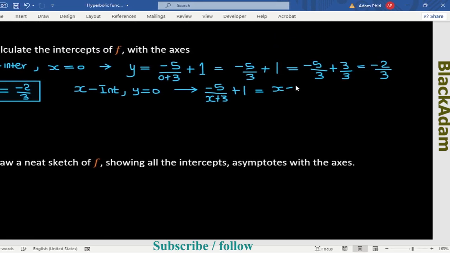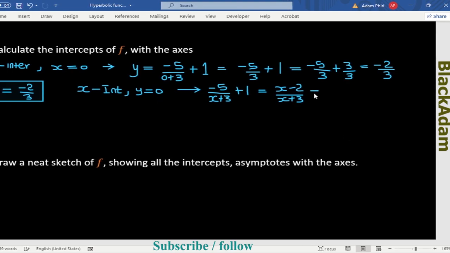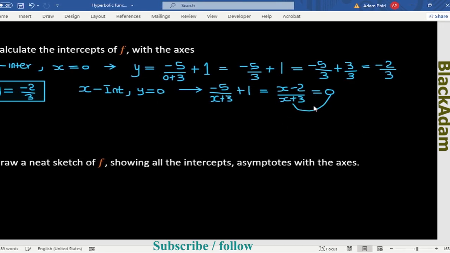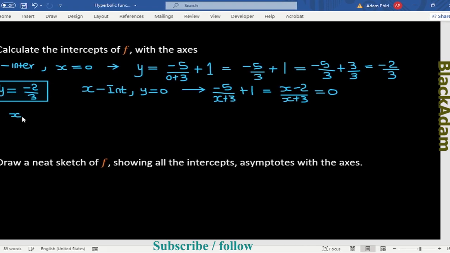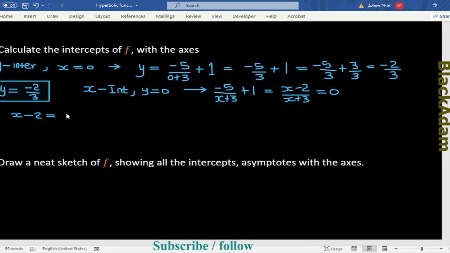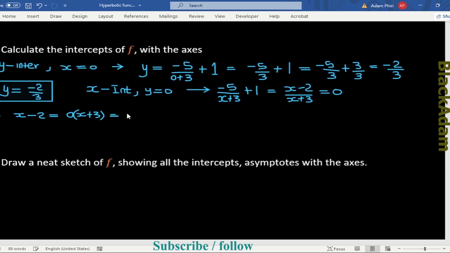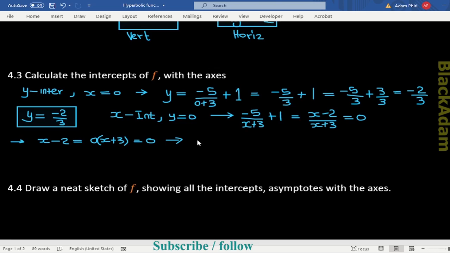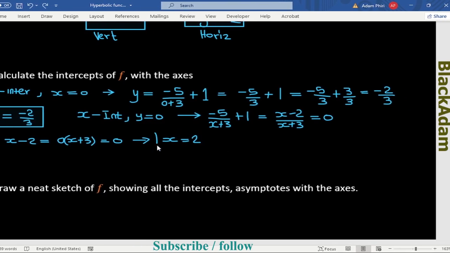So we have x minus 2 over x plus 3 equals 0. That's the best equation I would use. So x minus 2 equals 0 multiplied by x plus 3, giving us x equals 2. Alright.